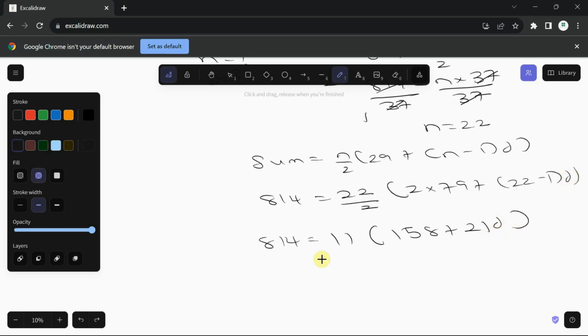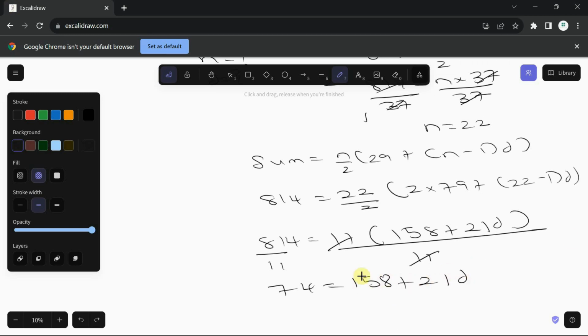Great. So I can divide both sides by 11 first to make this bracket stand alone. So if I divide this side by 11, if I divide this by 11, 11 will cancel this 11. 814 divided by 11 will give me 74, is equal to 158 plus 21d.